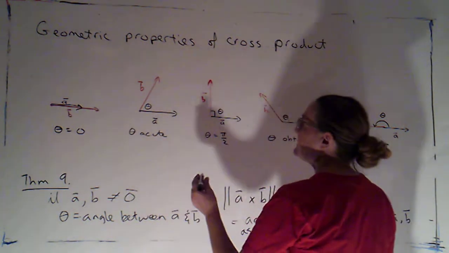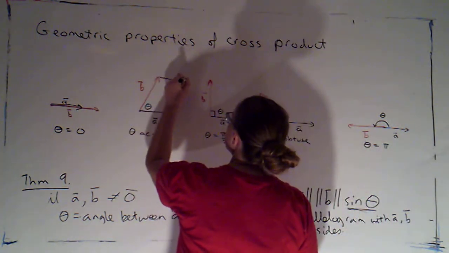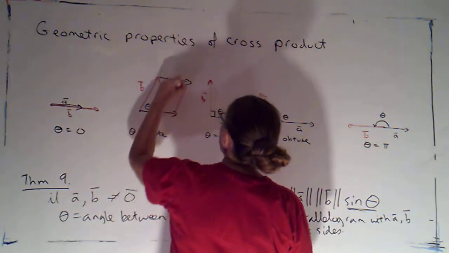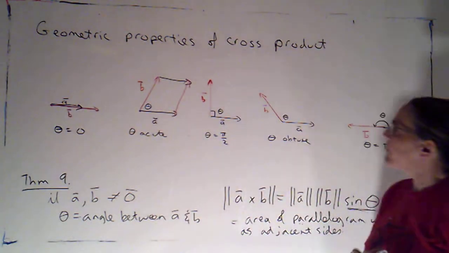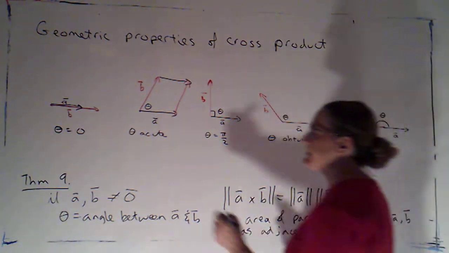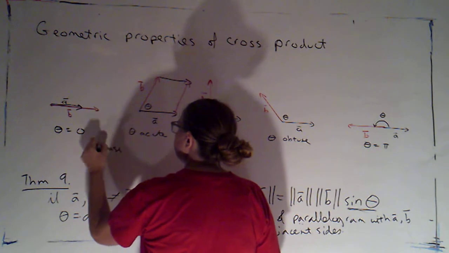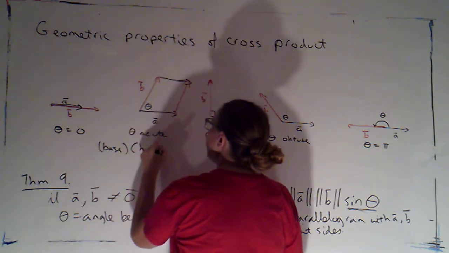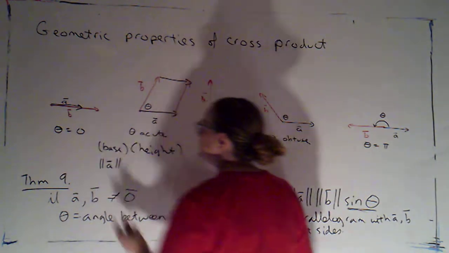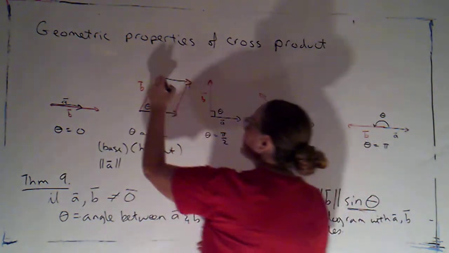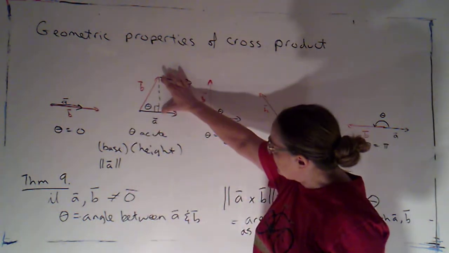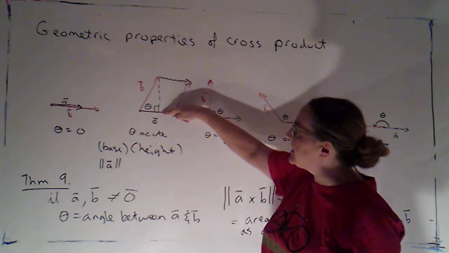Now, if I look at the case where theta is acute, if I draw in that parallelogram right there, the area of that parallelogram would be the base times the height. I can take as the base this side here, so that would be the magnitude of A, but to calculate the height, that's not going to be the magnitude of B, because I get the height by dropping a perpendicular here.